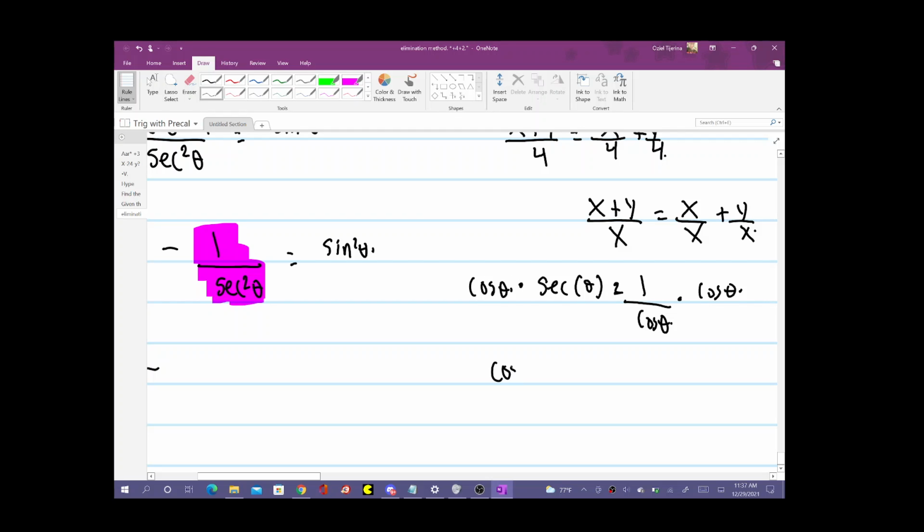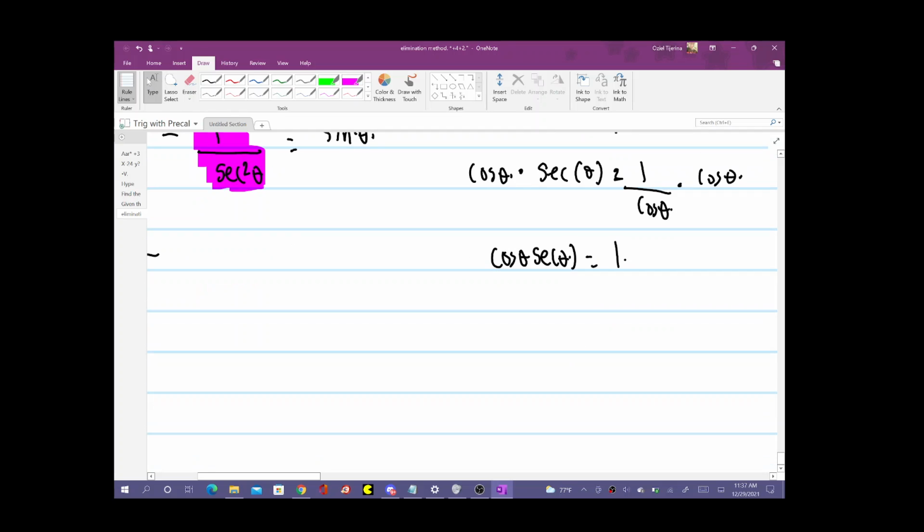This becomes cosine theta secant theta equals 1. So then, to solve for cosine theta, we divide both sides by secant theta. This becomes cosine theta equals 1 over secant theta.